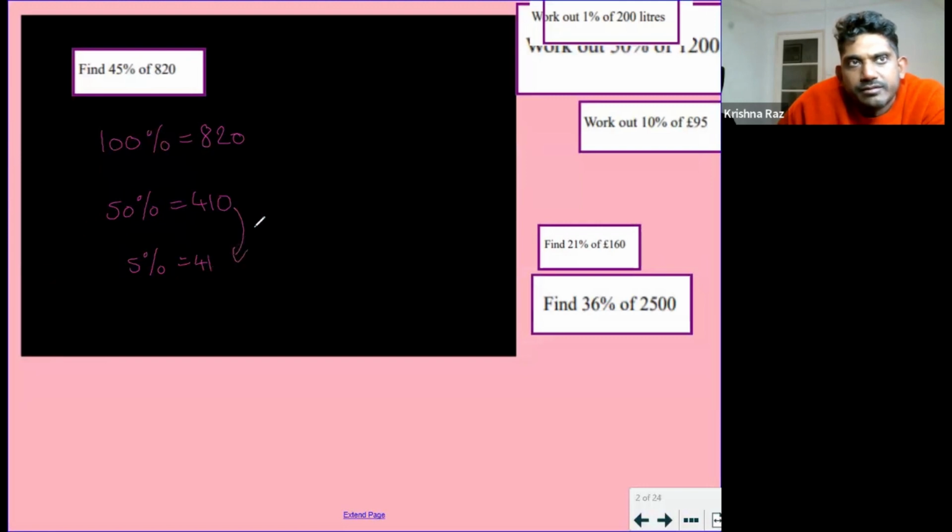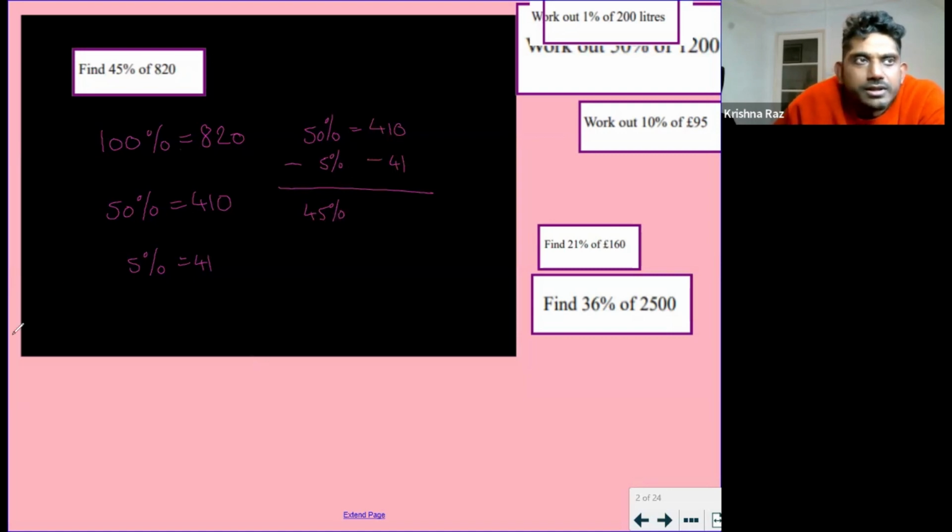Simply dividing this by 10 gives us our 5%. Well, what will 50% take away 5% be? Exactly, 45%. So I have to do 410, which was 50%, minus 41, which was 5%, and I'll get the answer.